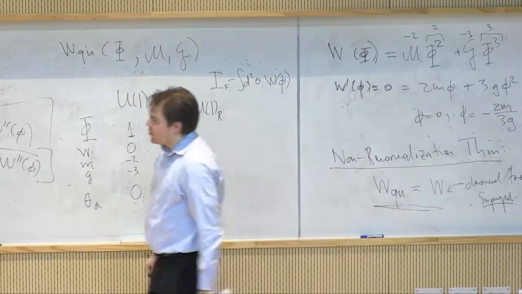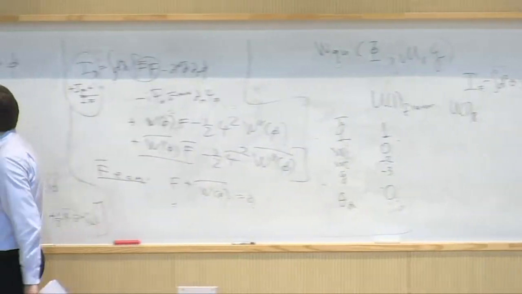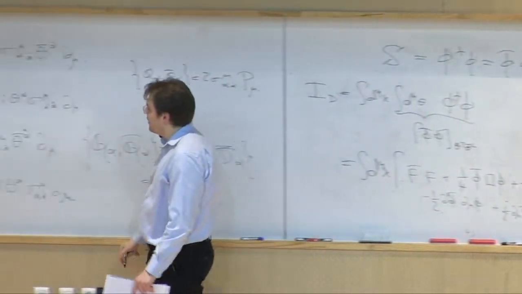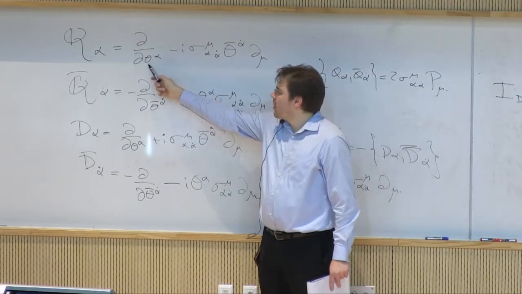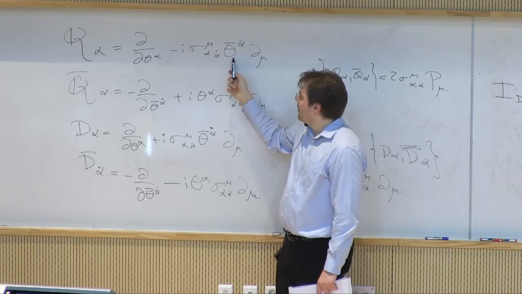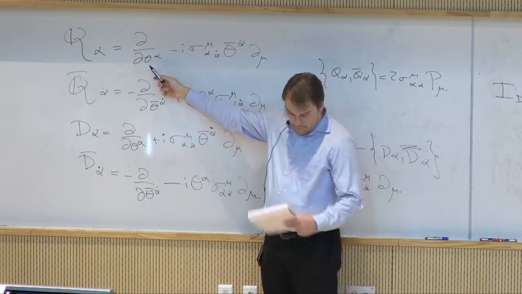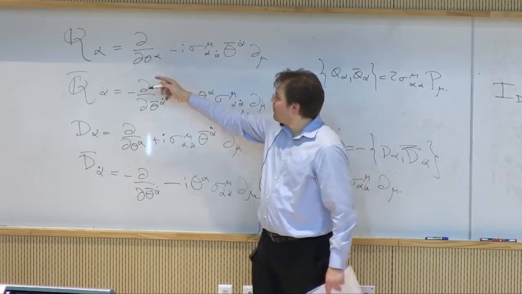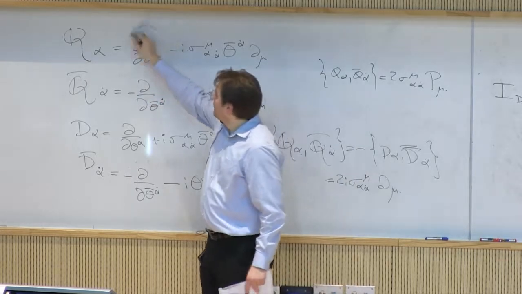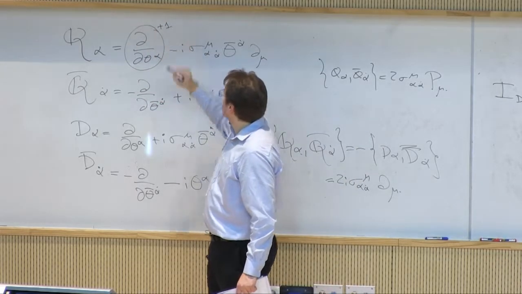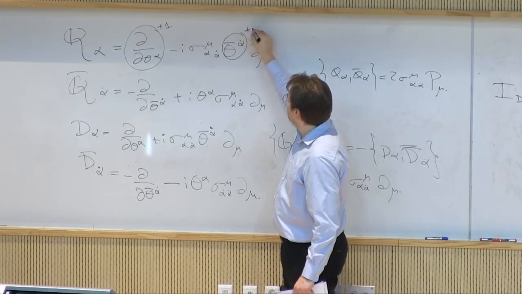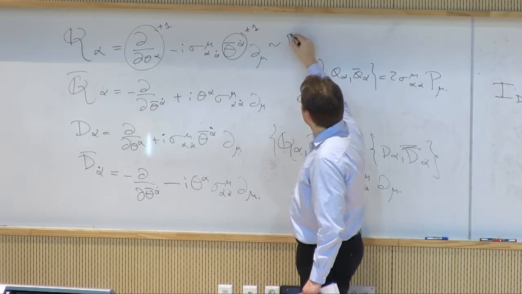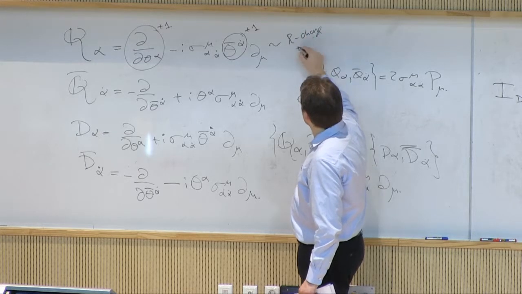The supercharges have to transform by some phase under this U(1) necessarily. And the supercharges involve theta and theta bar. There's a theta in the denominator and a theta bar in the numerator. So if we assign, for example, charge -1 to theta, then this whole object here will have charge +1, and theta bar will also have R charge +1, so that means that Q has R charge +1.